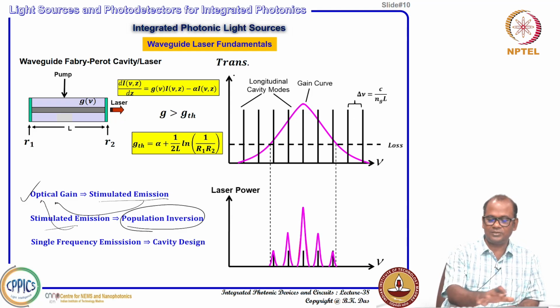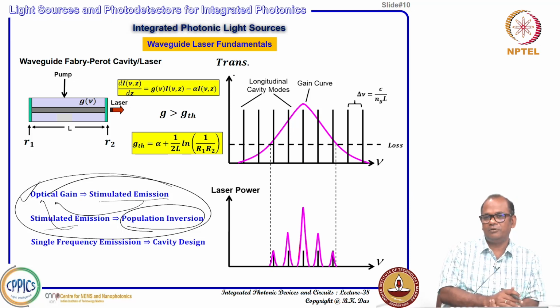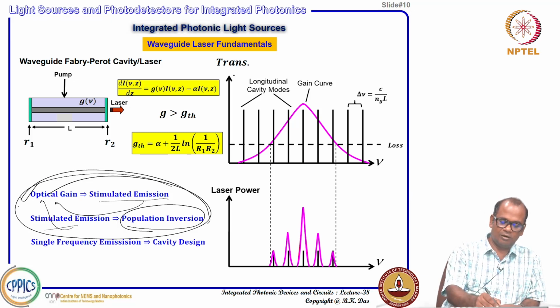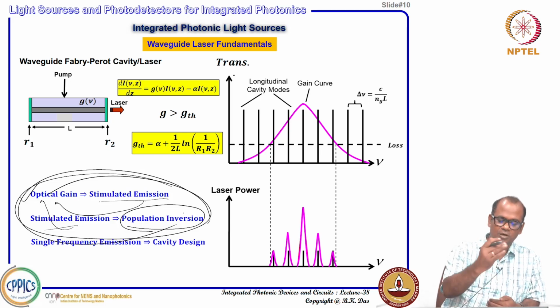That is the internal physics of any laser cavity. How you design your waveguide, active material medium, and the pumping system all involve this, starting from population inversion to stimulated emission to optical gain.